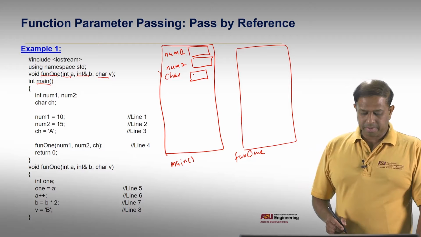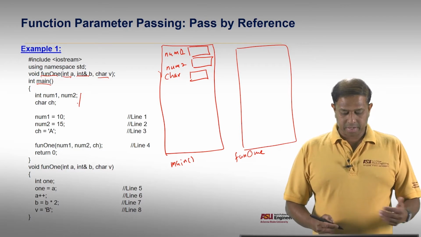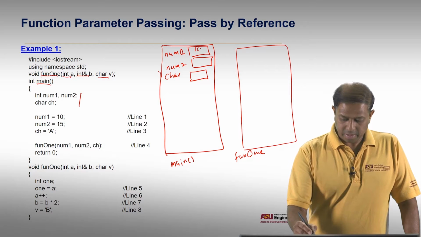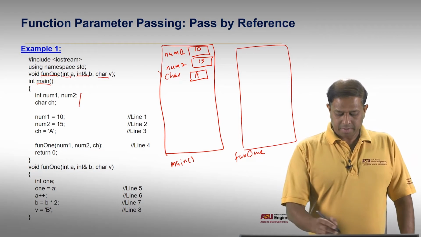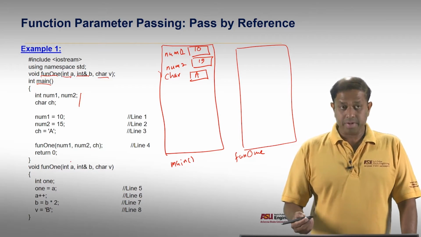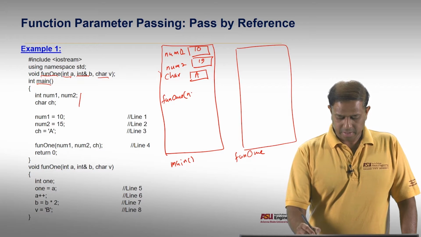After declaring these variables, we put values into num1, num2, and then ch, right? And then we are calling fun1 with num1, num2, and ch.